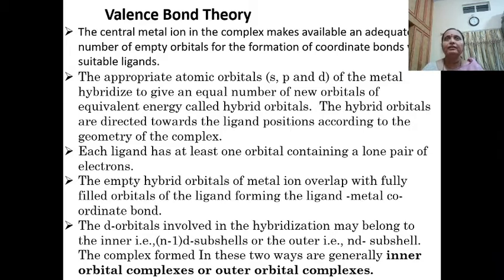So, the central metal atom uses the appropriate number of s, p and d orbitals of the metal atom and gives equal number of new hybrid orbitals. These hybrid orbitals are directed towards the ligand position according to the geometry of the complex.